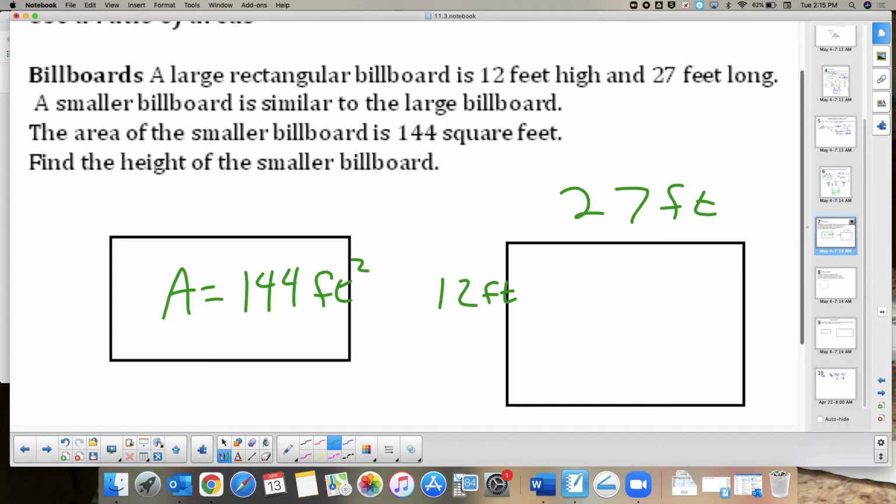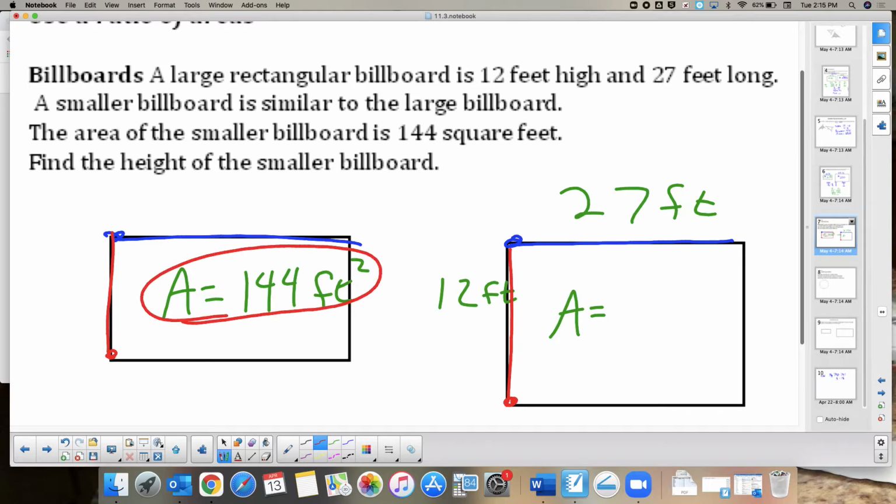So first thing we need to figure out is the area of our big billboard. That way we have something to compare, right? We know the length of our big billboard, but we don't have the length to compare over here. We know the height of our big billboard, but we don't have the height over here to compare it with. All we know from the small billboard is our area.